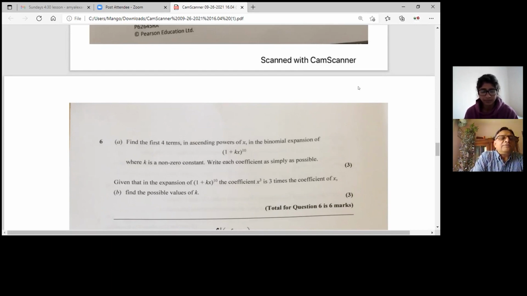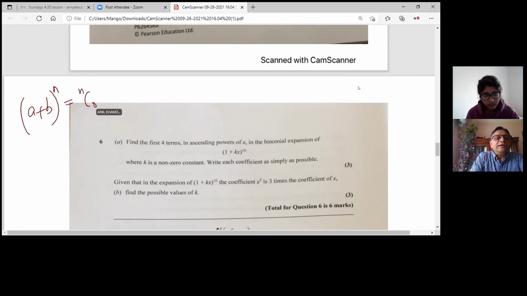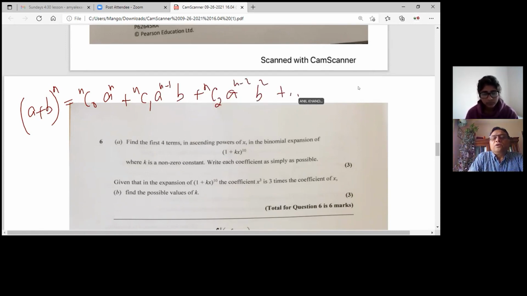If I have (a + b) to the power of n, in that case my expansion is nC0 a to the power of n, plus nC1 a to the power of n minus 1 b, plus nC2 a to the power of n minus 2 b squared, plus so on till b to the power of n, correct?